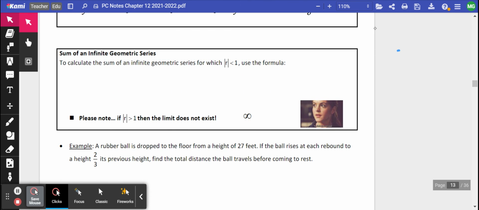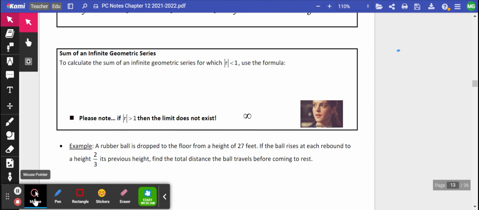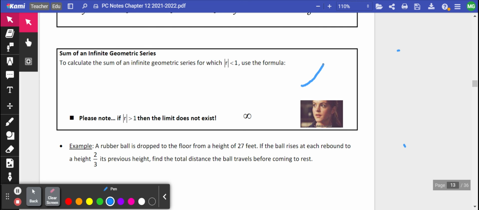The last little bit of notes that I'm going to give you today has to do with calculating the sum of an infinite geometric series. So now I want you to think about this. If your sequence is increasing, you're not going to be able to find the sum because the numbers for each next term are going to be bigger and bigger and bigger.